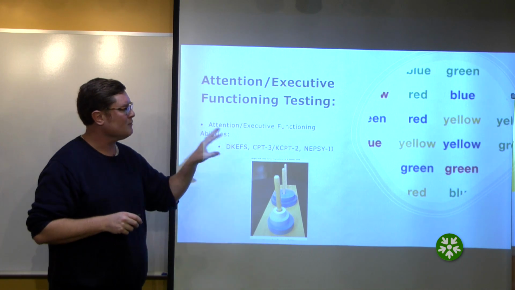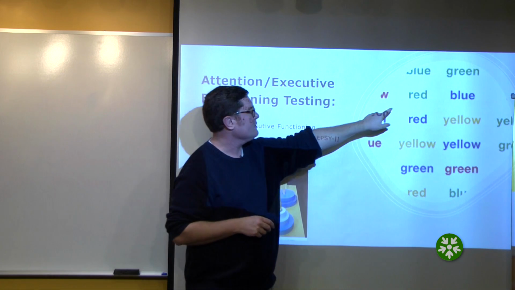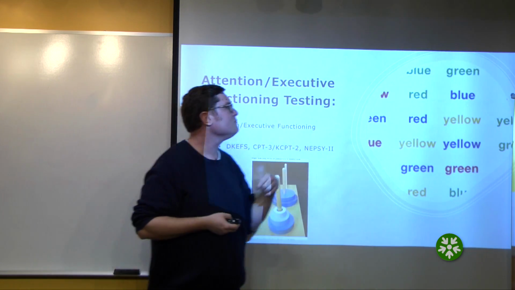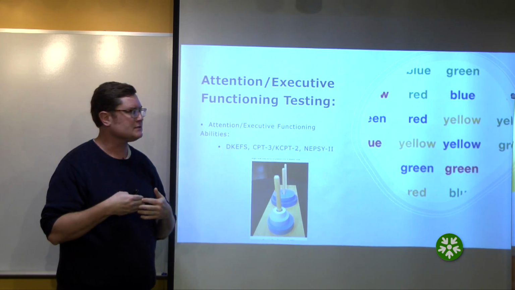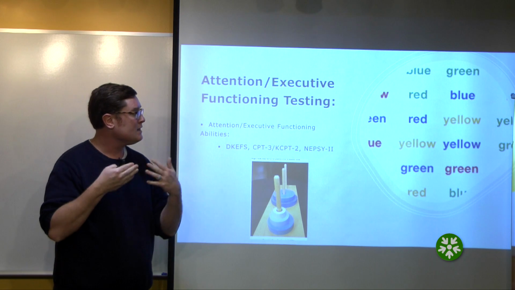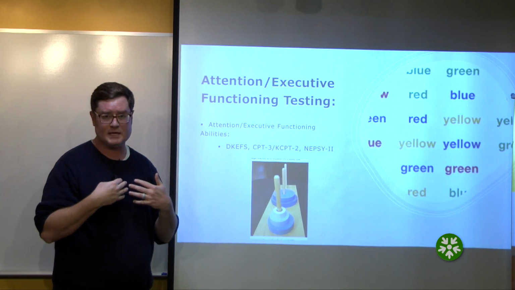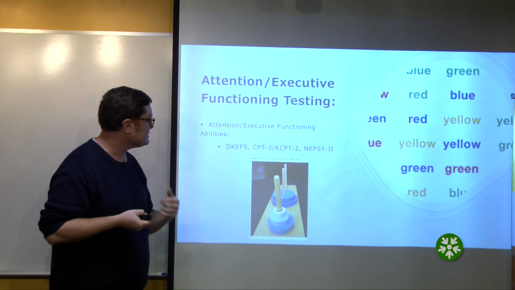If we look at this word here, we want to read it as red because that's what it's spelled as, but we're asking the child to say the color of the ink. So they're having to suppress their natural instinct to read the word and instead say the color of the ink, which measures attention and inhibition abilities.